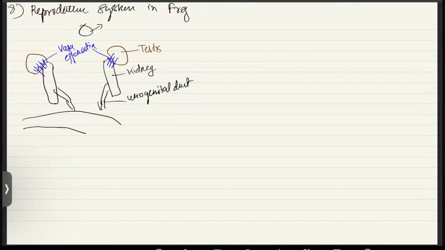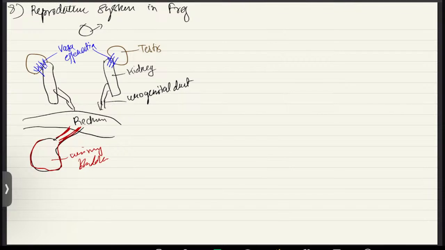So the digestive system, the last part, is the rectum, but it has a secondary pouching inside the rectum. This is called your urinary bladder. So see, it does not directly open into the urinary bladder, but the urinary bladder is attached to the rectum where all of these things open.